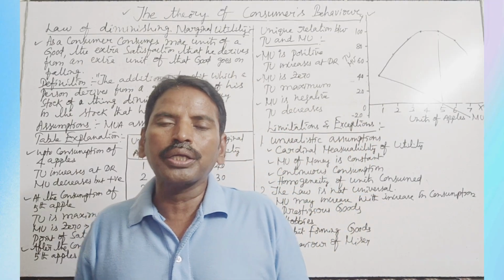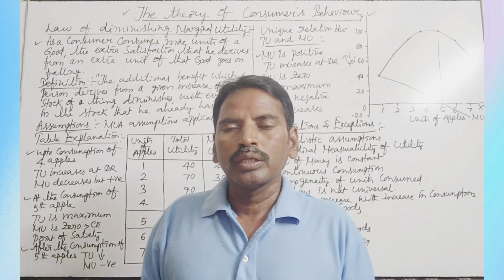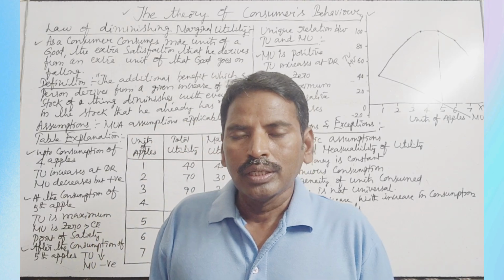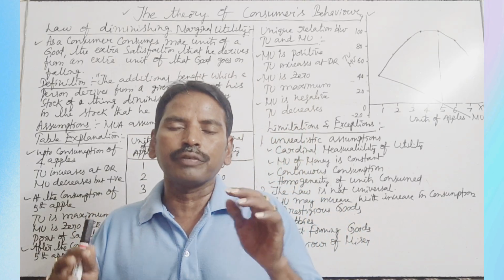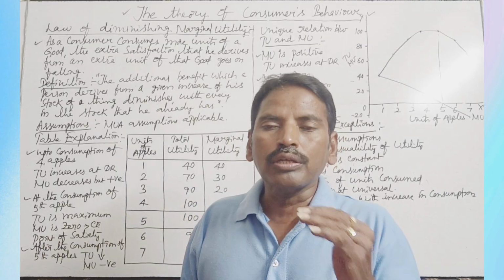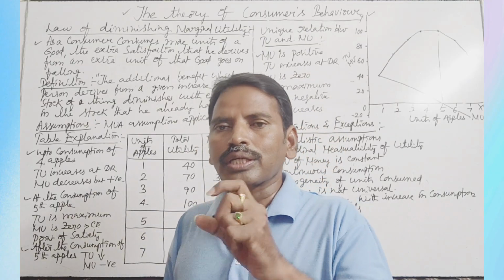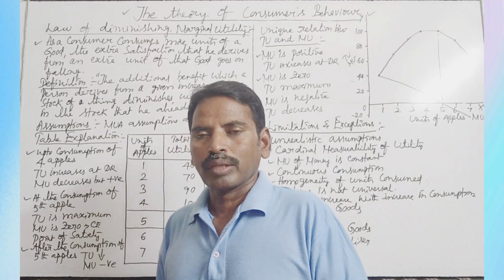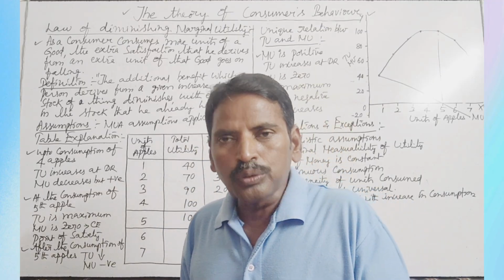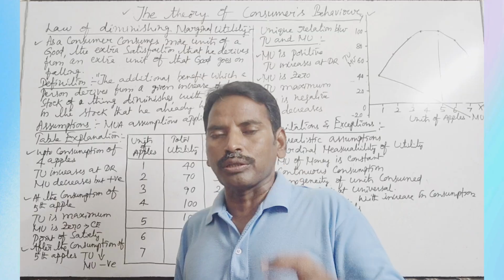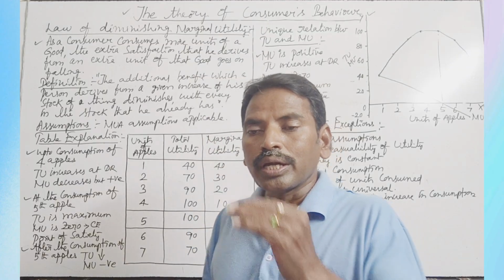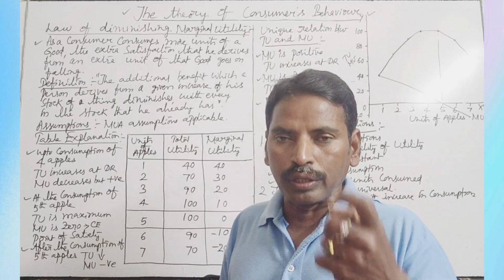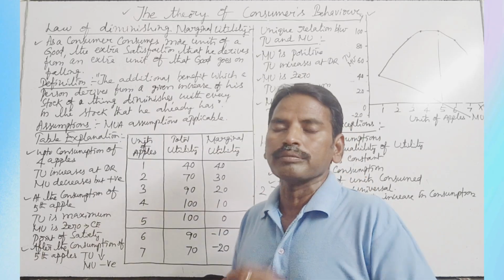That means, if a consumer consumes more and more units of a commodity, the additional utility derived from the consumption of an additional unit of a commodity goes on diminishing.